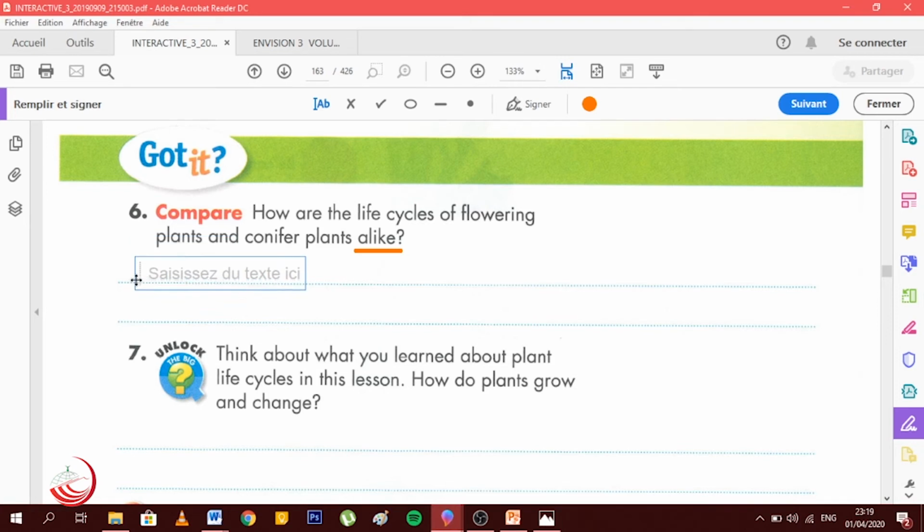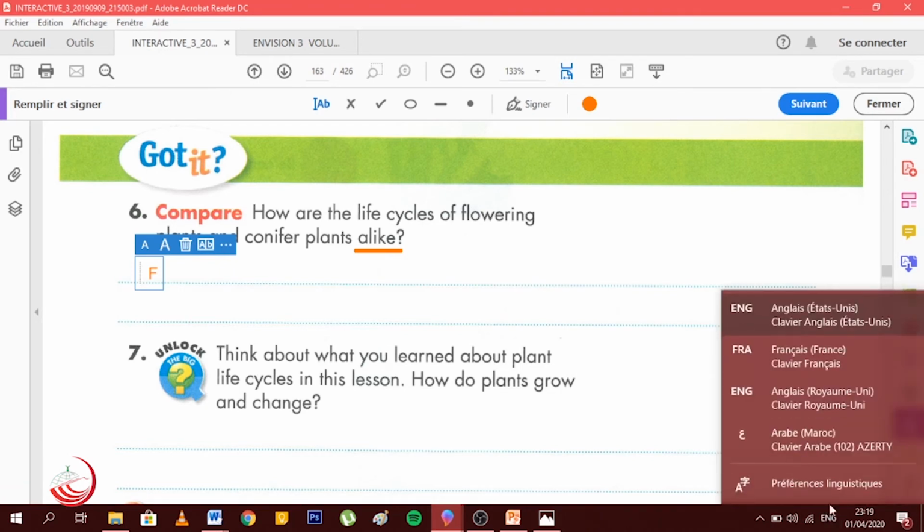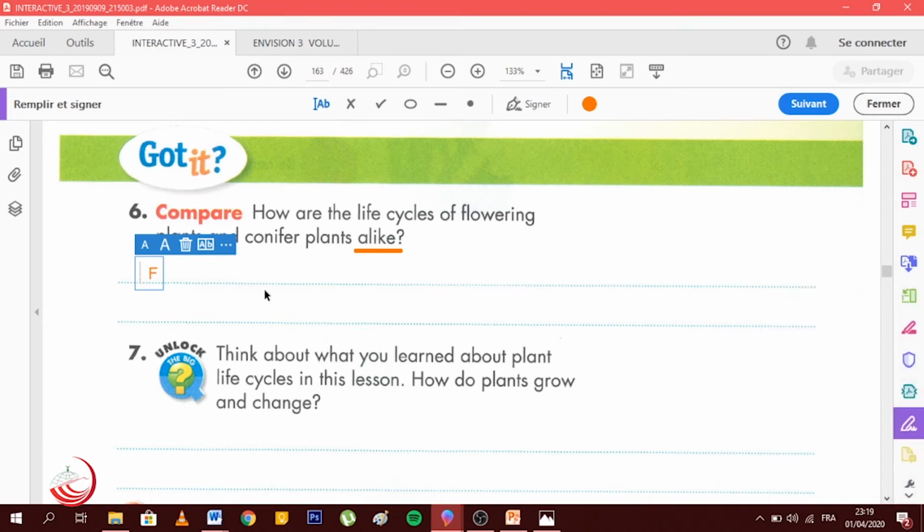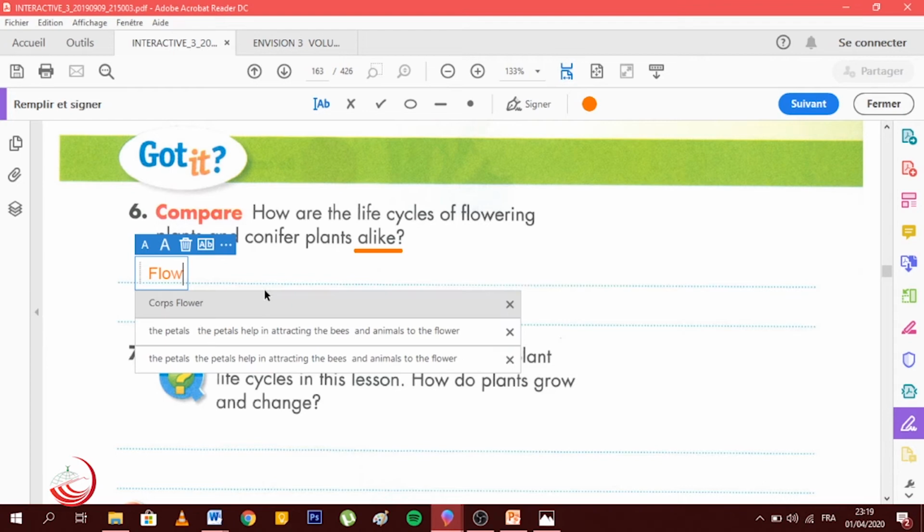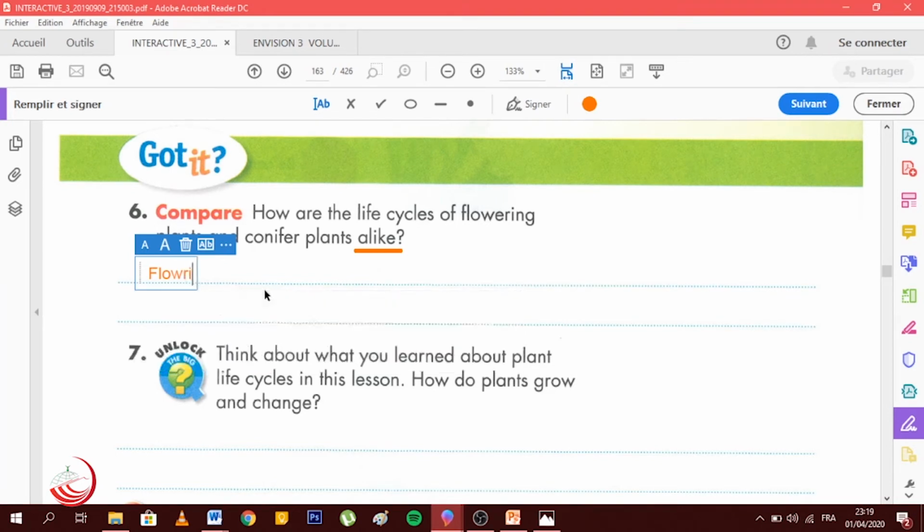So we can say that flowering plants and conifer plants have similar life cycles.